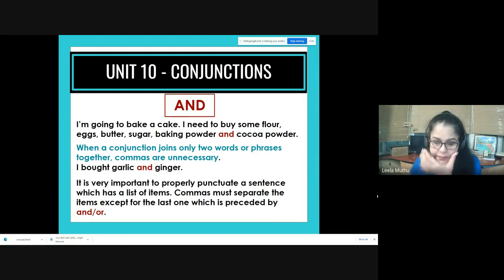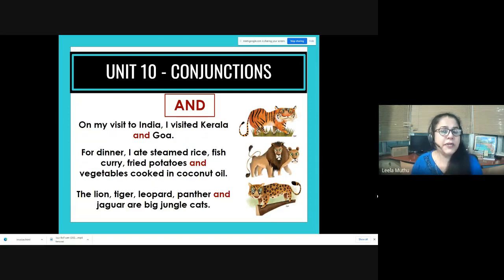Okay. So there are so many more examples for the conjunction "and", and here they are. On my visit to India, I visited Kerala and Goa. For dinner, now here it shows a list of items.